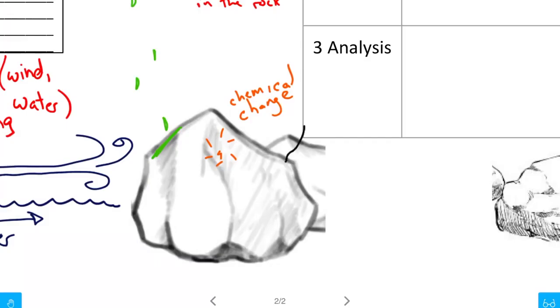We can draw a little plant that's starting to grow. But most importantly, this plant has some roots. Some of it is crawling along on the outside, some is going on the inside of the rock, starting to break down this rock.